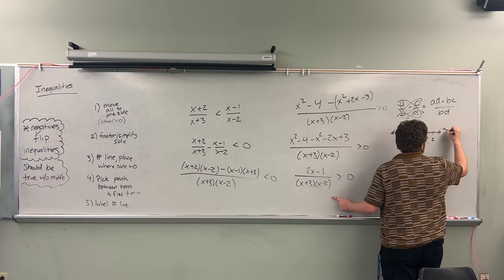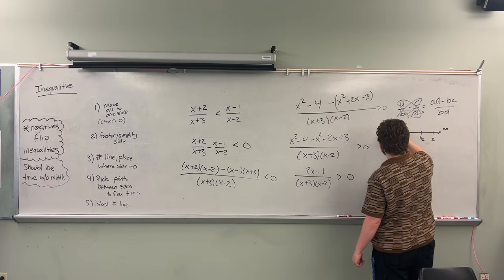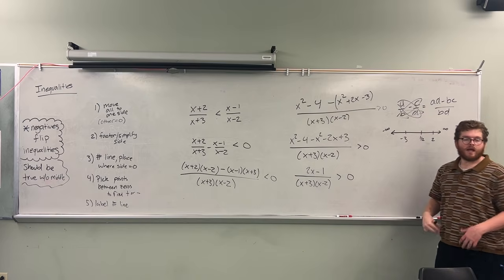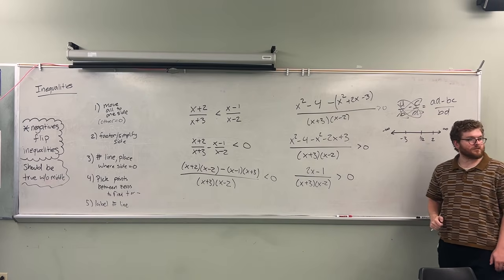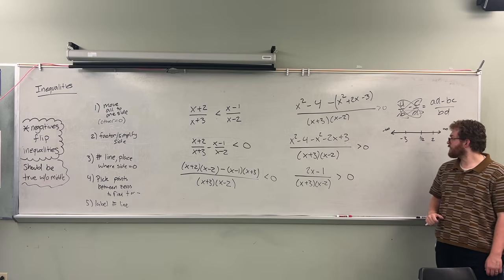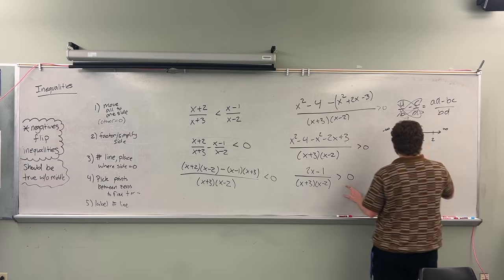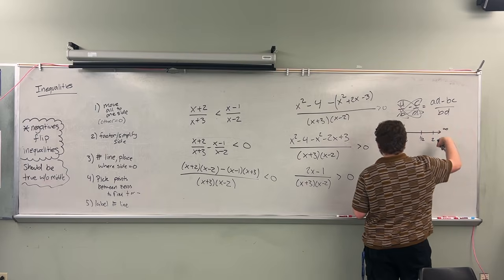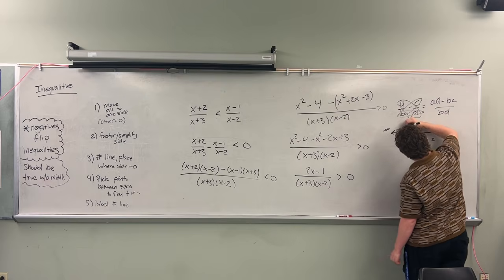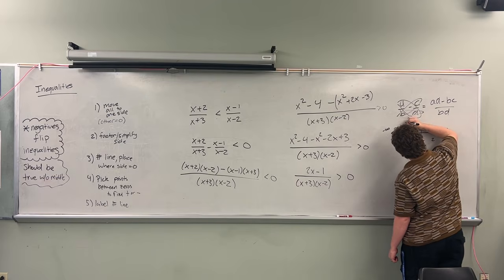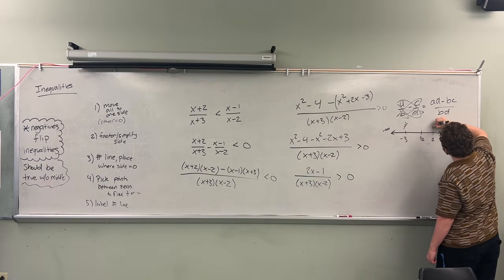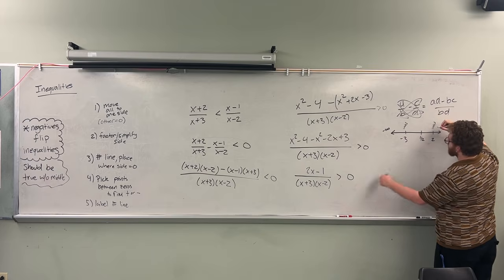Got infinity over here, minus infinity over here. And then I just figure out what is happening in those intervals. I'm going to specify above where the bottom is 0 that this is undefined, because I can't divide by 0. And at the 1/2 it is 0.